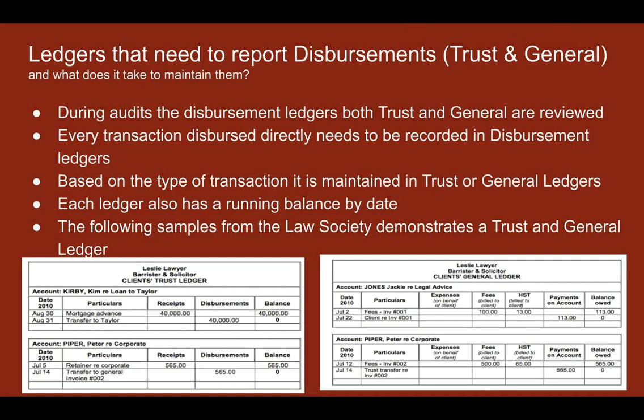Based on these types of transactions, which is maintained under the trust or general, you will be able to understand what type of disbursement it is. And these ledgers will typically have a date, particulars, receipts, disbursements, what was the money that came in, what was the money that went out, belonging to each and every client and their respective accounts.